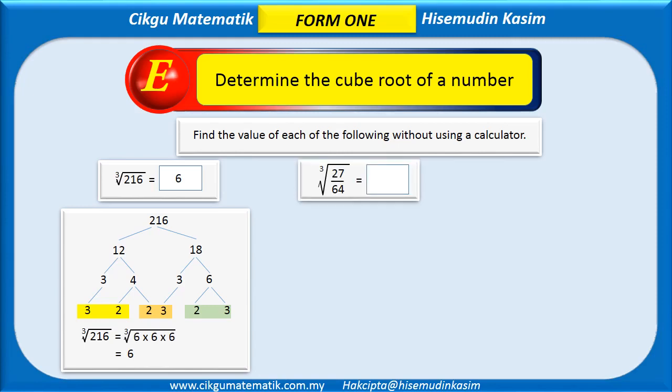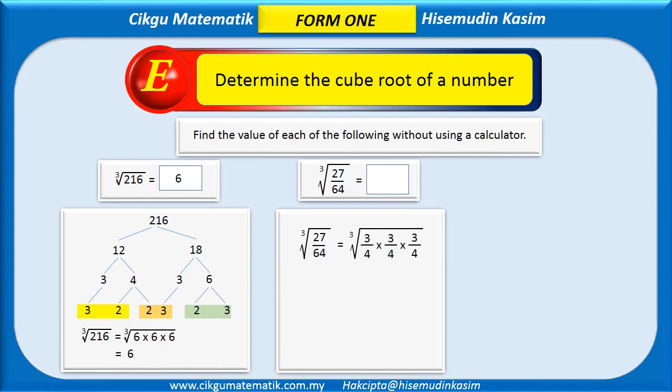Cube root of 27 over 64 equals cube root of 3 over 4 times 3 over 4 times 3 over 4, equals cube root of 3 over 4 cubed, equals 3 over 4.